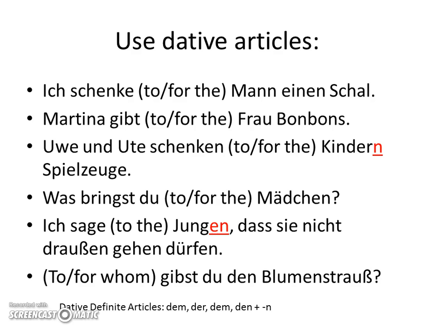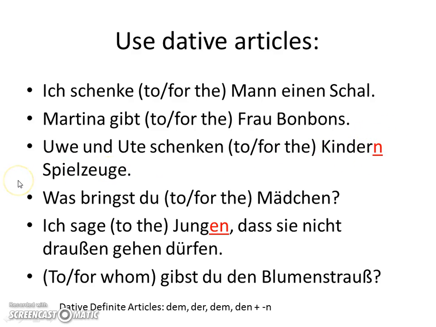Martine gibt der Frau Bonbons. Uwe und Ute schenken den Kindern Spielzeuge. Den Kindern, it's den because it's plural, and we add an N on the end of the plural noun to show that it's plural dative.